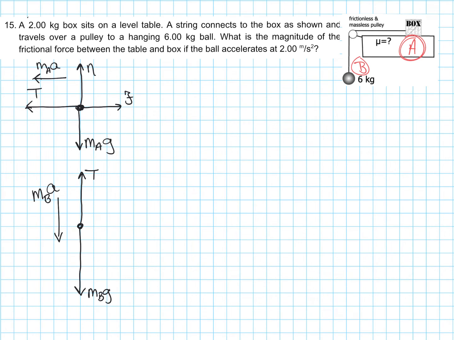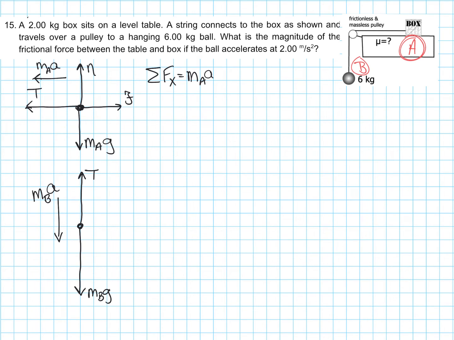It's all set. Now what I need to do is sum up the forces in the x and y direction. So I will start with diagram A. For A, I'm going to sum up the forces in the x direction, and that's equal to m subscript A times a, because it's changing speed in the x direction, and the acceleration resets the positive direction.